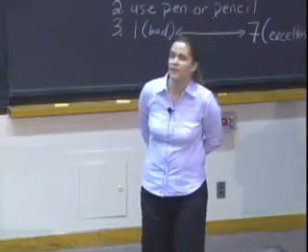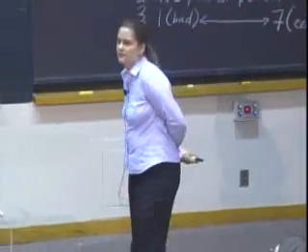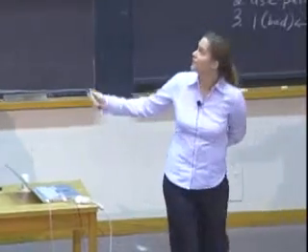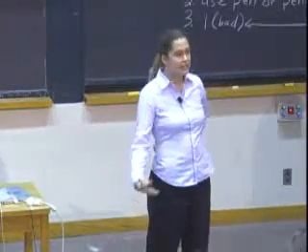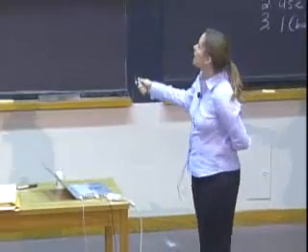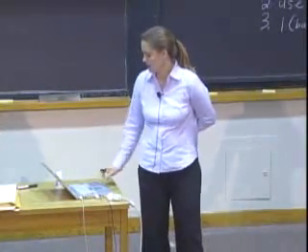So is that going to be a spontaneous reaction? No, it won't be a spontaneous reaction. Because if delta E is negative, then delta G is going to be positive. And if delta G is positive, then it's not spontaneous.